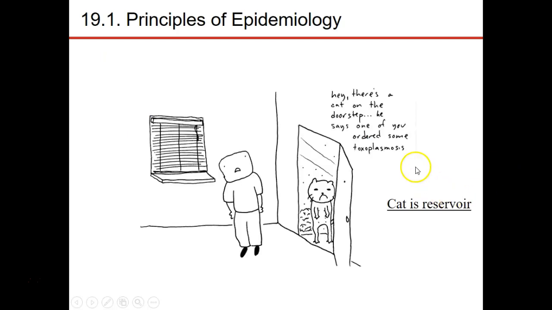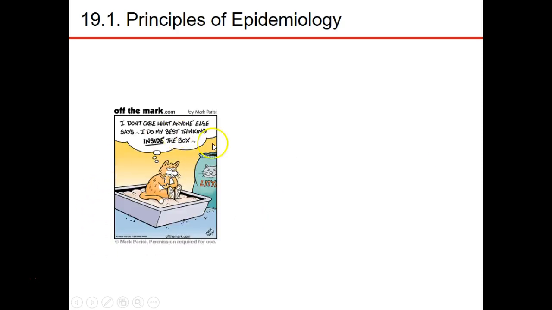Another example, this I just found on the internet, so I thought it was kind of cute. Cats are the reservoir for Toxoplasma gondii, which causes toxoplasmosis. And so here, a cat comes to your house. Well, this can cause a disease because this cat comes to the house and, oh, someone ordered toxoplasmosis. So what do cats do? They get into their kitty box.